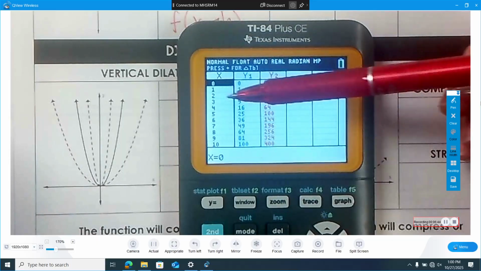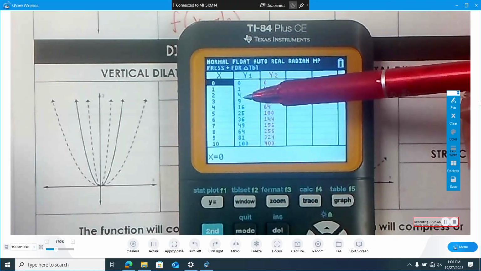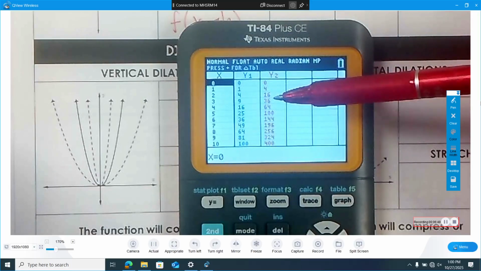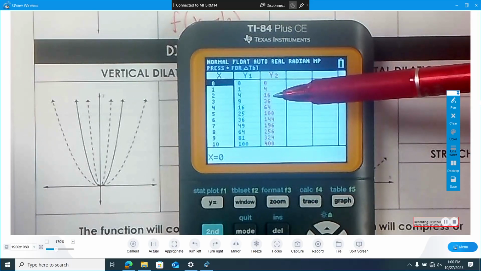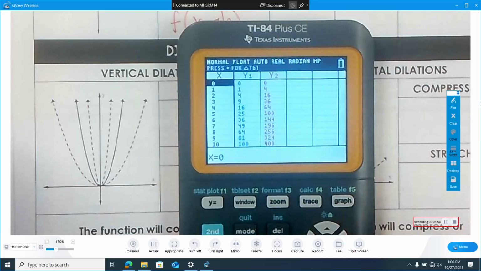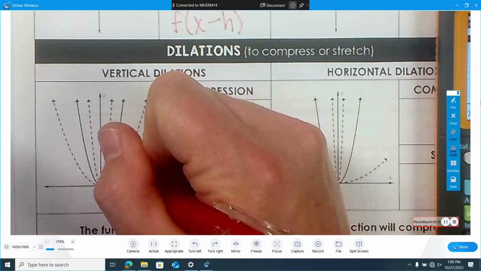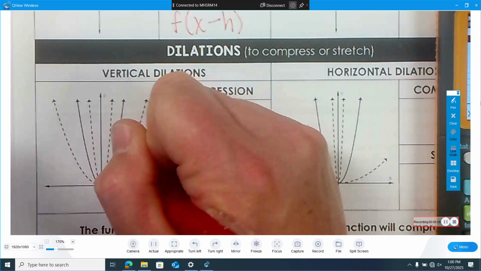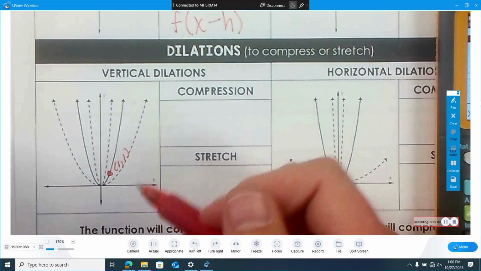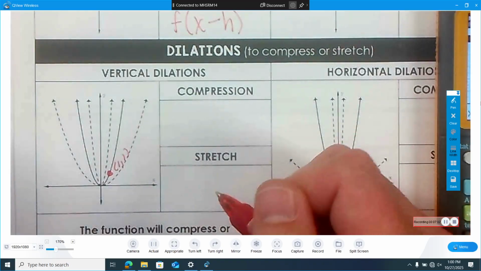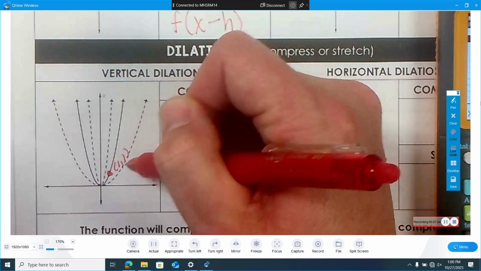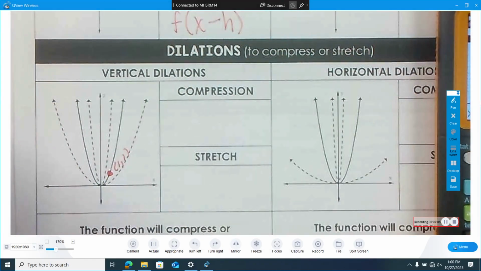Let's focus on (2, 4). What happened to the y value? It quadrupled. It multiplied by 4. And so what it's doing is it's taking a normal point, like maybe the point (1, 1). And if there's a number out in front, it's changing the y-coordinate, and it's multiplying that y-coordinate by whatever that number out in front is.